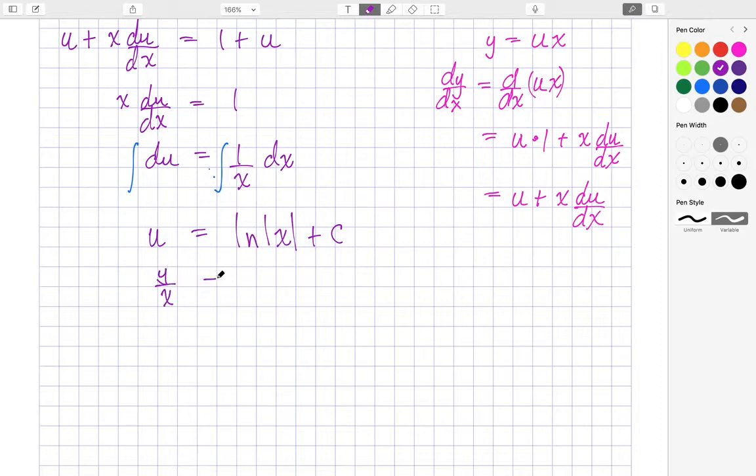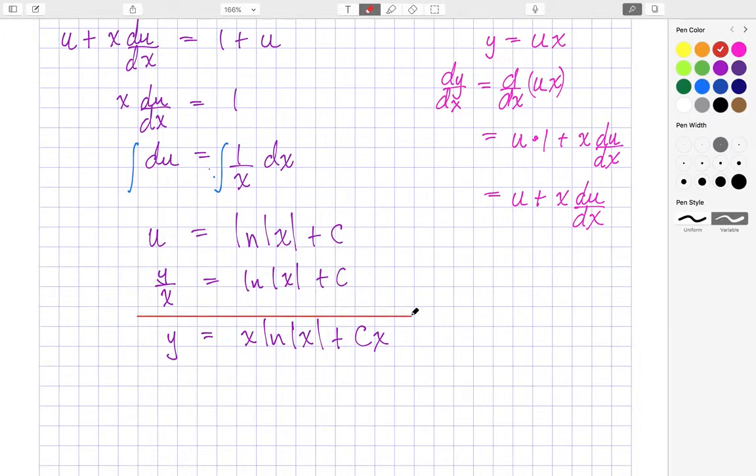So we have y over x is ln absolute value x plus a constant, and then we can just rearrange for y. So y is equal to x ln absolute value x plus this arbitrary constant times x. And that's our final answer. That would be the general solution to this differential equation.